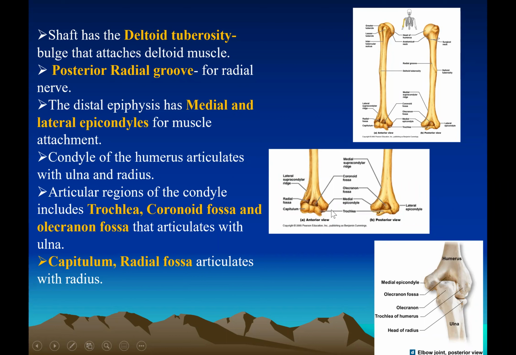The capitulum and radial fossa will articulate with the radius. There's another close-up picture here. You can see the trochlea, the coronoid fossa, and the olecranon fossa. And you can see the capitulum and the radial fossa. These are the articulation points that form your elbow joint.